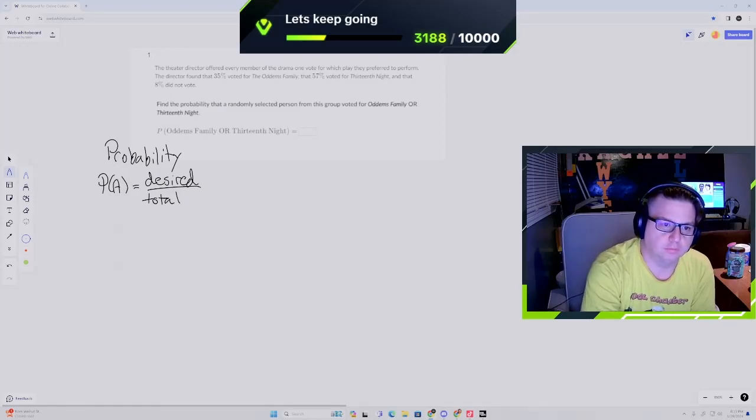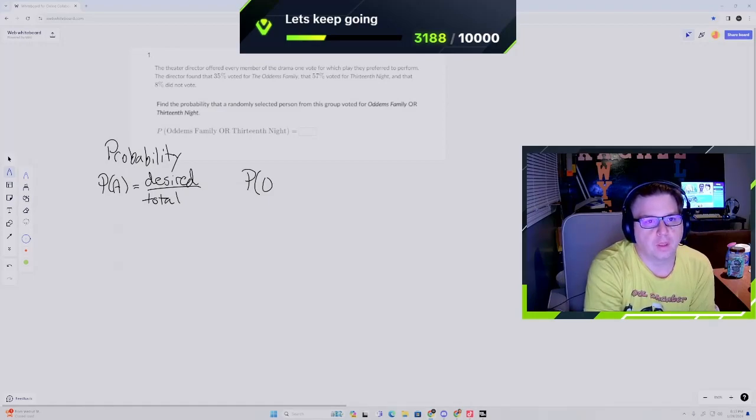So for this one, we want the probability of, well, people are voting, and they're voting for either the Odoms family or 13th Night, or they didn't vote at all. So we have the Odoms family, or, so we're going to do a union, 13th Night.